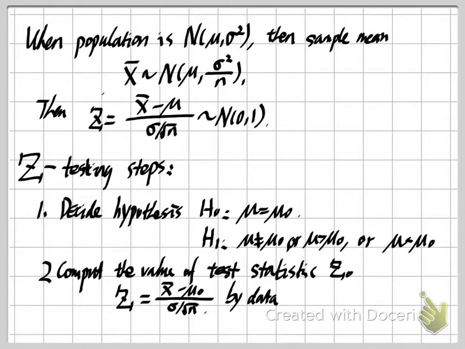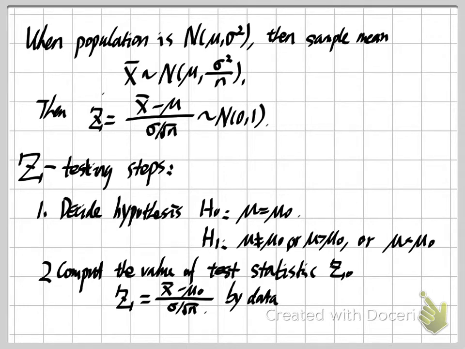So the value of our z test statistic becomes x bar, which is calculated from our data, minus mu 0, the assumption of our null hypothesis, divided by sigma, which is known from our question, divided by the square root of the sample size. This is our value z0, the z-test statistic.